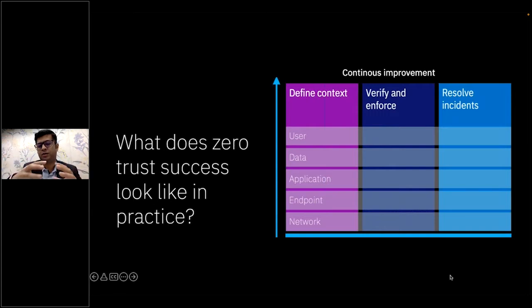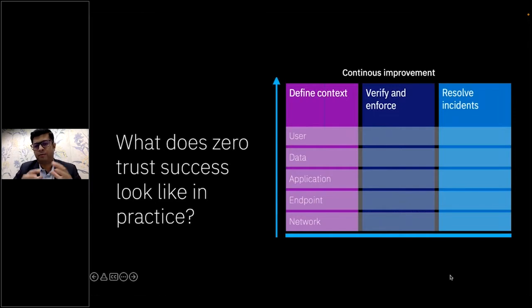So for the organizations who have already started their journey, maybe with zero trust network access, I would also recommend you to look at the other elements of zero trust, in which identity is one of the critical elements, right? And of course the data, right? Because everything is for data. Everyone is behind that data. So these two are the very critical elements.